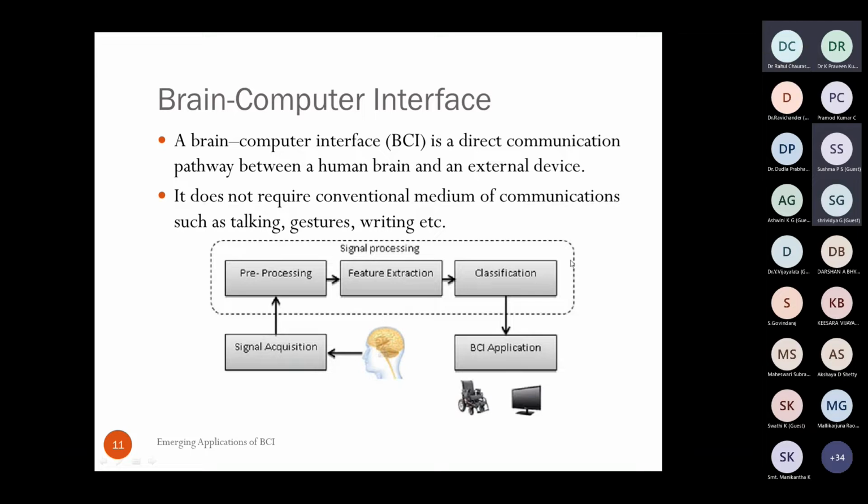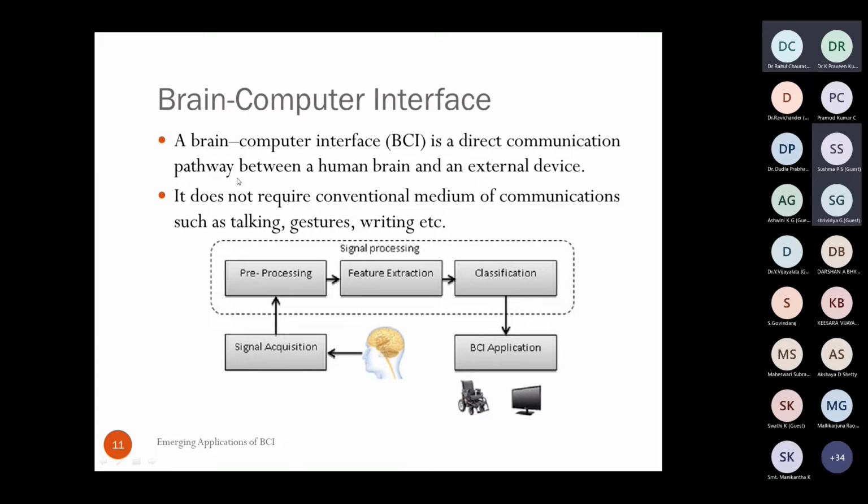A brain computer interface is a direct communication pathway between a human brain and an external device. Suppose the external device is your fan or your TV or your wheelchair, and you want to move it without using your hands or even speaking. You just want to think in your brain and it should react accordingly. That is what a brain-computer interface is.